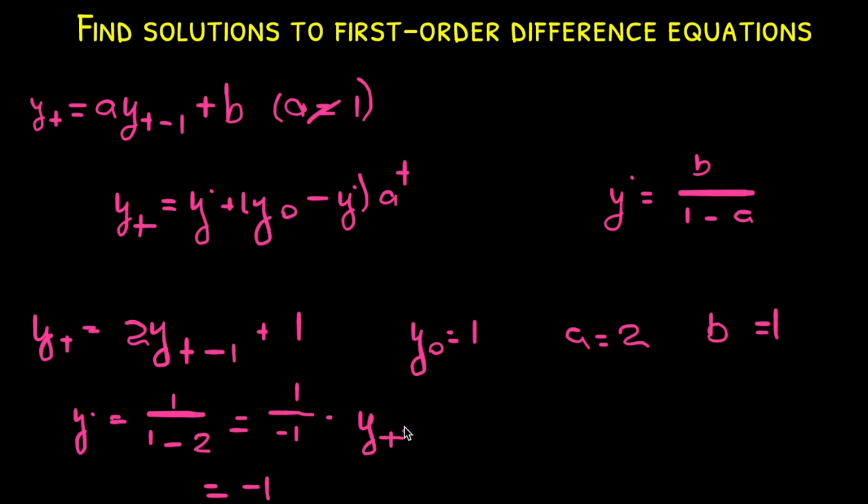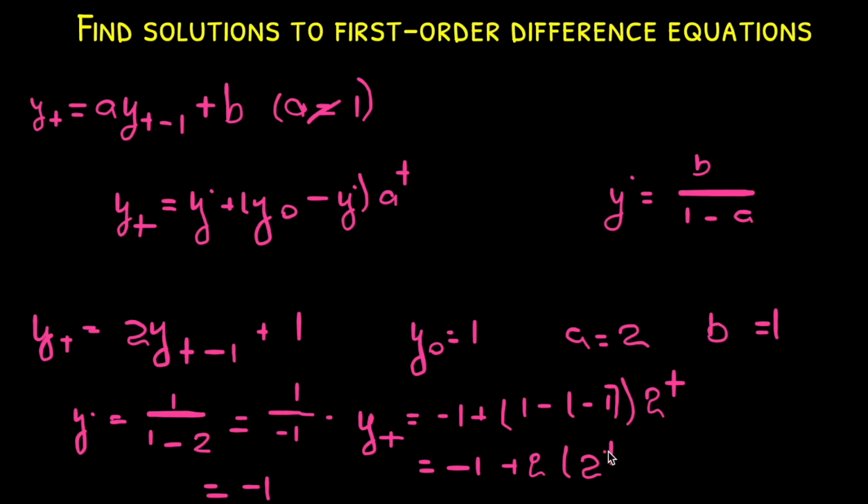So the solution is going to be yt equals minus 1 plus parentheses 1 minus minus 1, close the parentheses, times 2 to the power of t. That equals minus 1 plus 2 times 2 to the power of t. This is the general solution of this first-order difference equation.